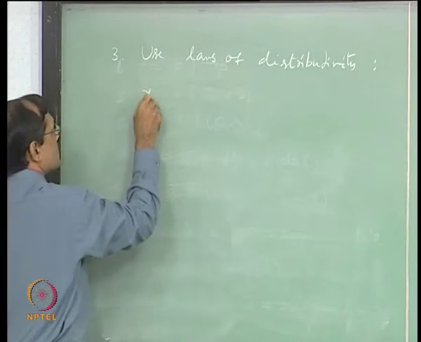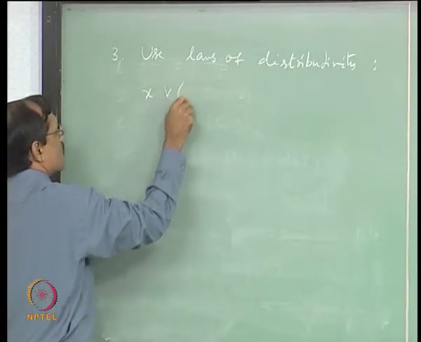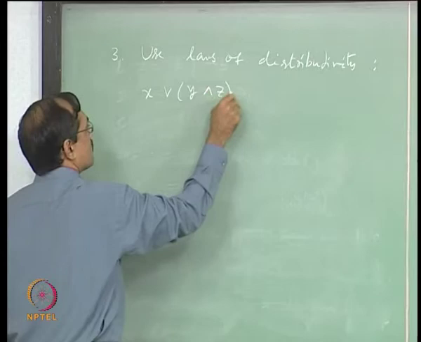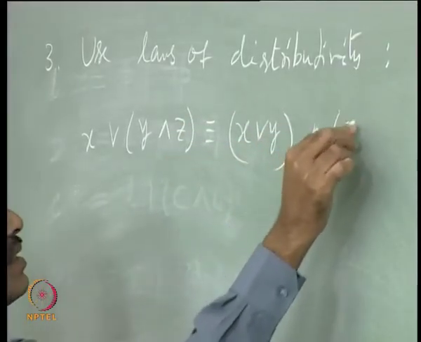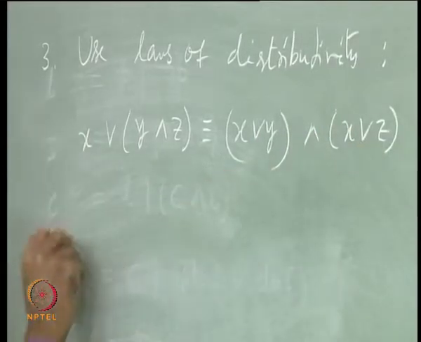which can be written as x or (y and z) is equivalent to (x or y) and (x or z), also the other way.